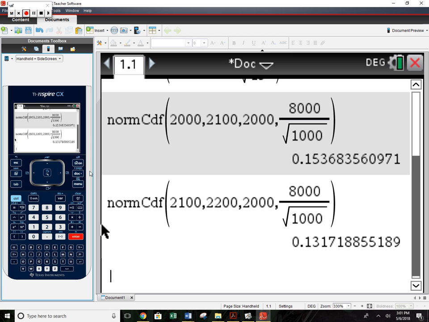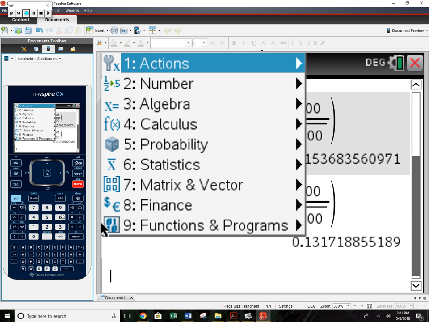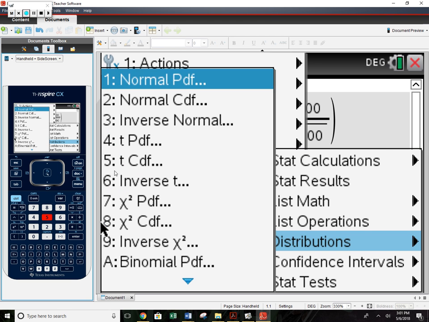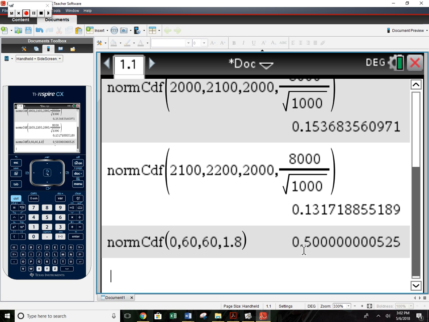Oh, something didn't work. What did I do? Okay, let's try it again. Menu 6, 5. CDF, lower 0, upper bound 60, mean 60. Sigma, we're using 1.8. And okay, yep, there we go. Okay, 50%. So it worked.